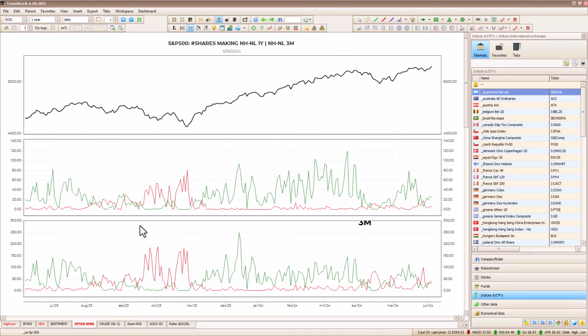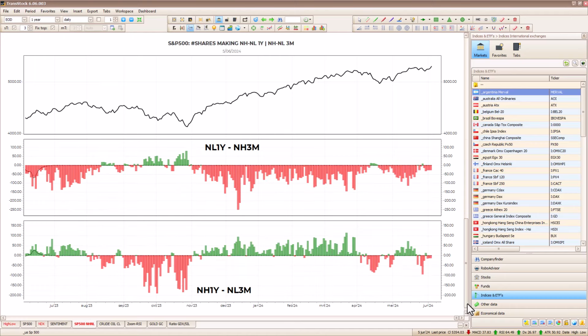Now, looking at pure data can be very tricky and lead to misinterpretation. That's why I added 2 lower inner windows. I'm gonna move like this. The middle inner window shows the difference between the number of shares making a new bottom at 1 year and the number of shares making a new high on 3 months.